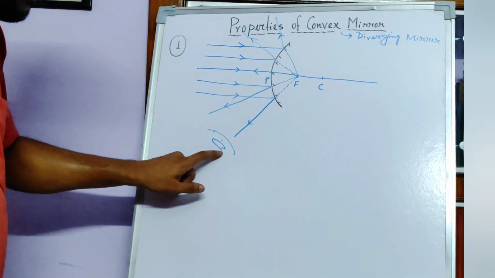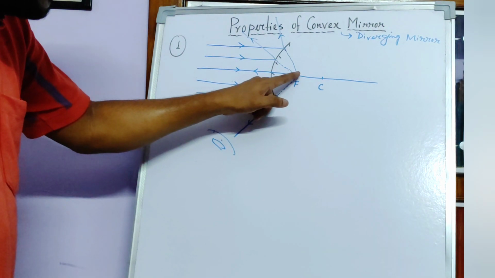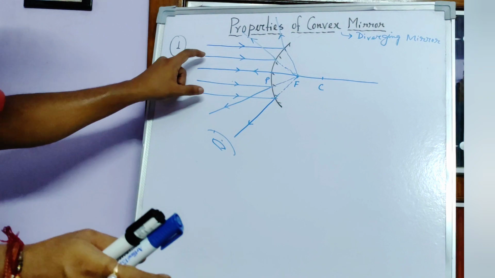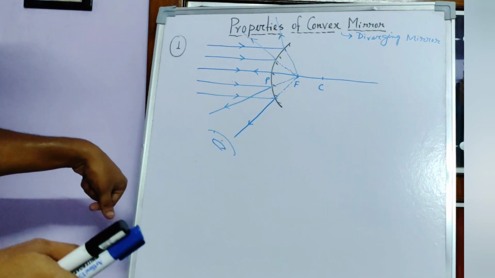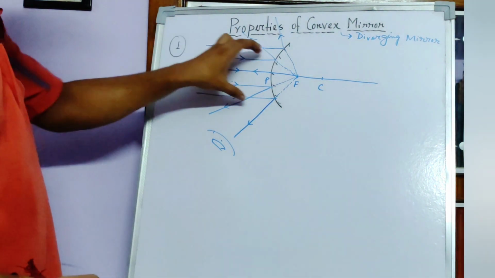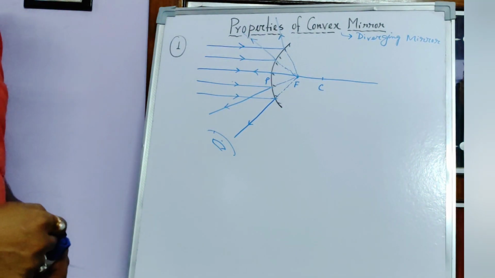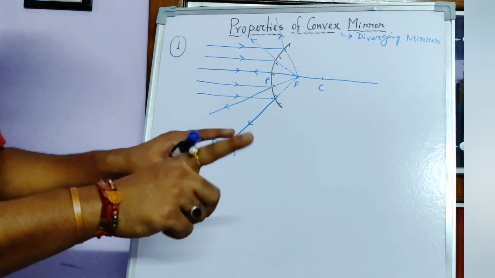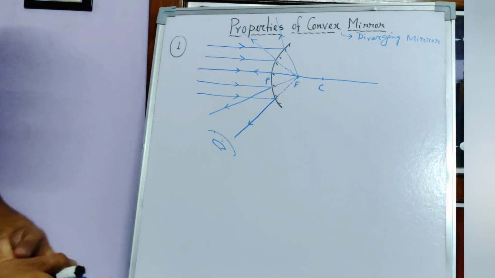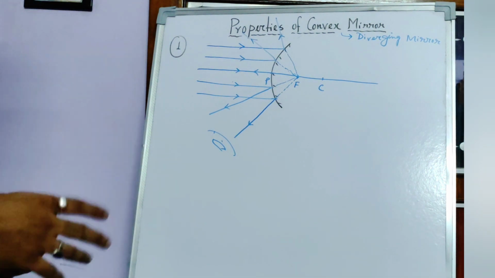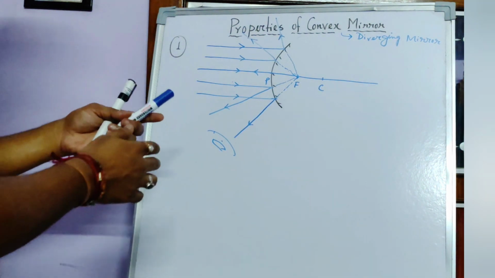This person will see the ray is coming from focus because this is the straight path, because our human eye cannot follow the bending path of light. So that means all the parallel rays after reflection appear to meet at focus. They are not exactly meeting at focus, they appear to meet at focus. That's why the focus in case of convex mirror is a virtual focus, right? So this is the first property.